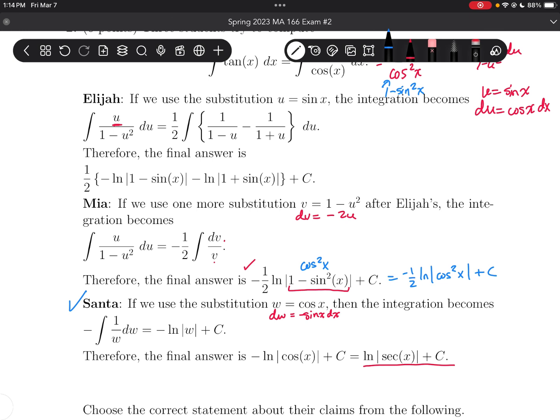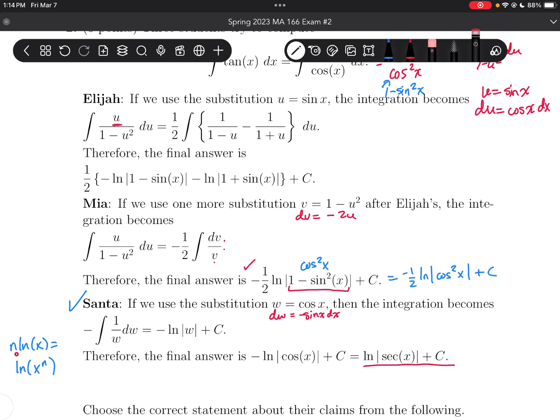And then the last step is that we need to know our natural log rules. And you'll notice that they did it here in this final answer, in Santa's answer over here. We have a negative in front of our log, but they take that negative away and cosine x becomes secant x. This is because of the property of logs, which states that n times the natural log of x is equal to the natural log of x to the power of n.